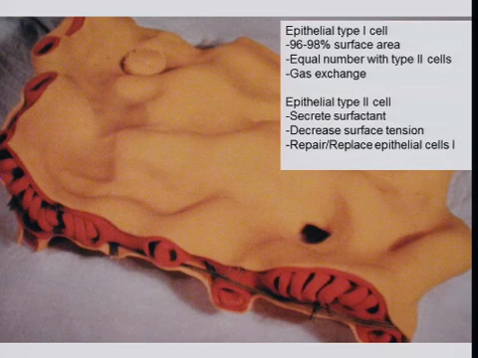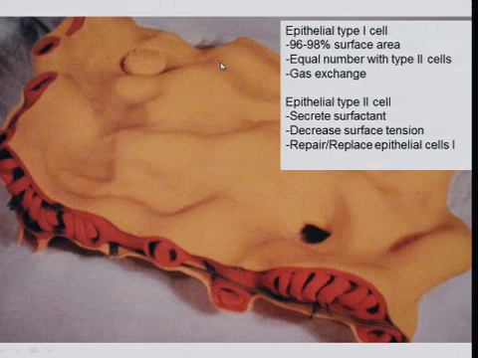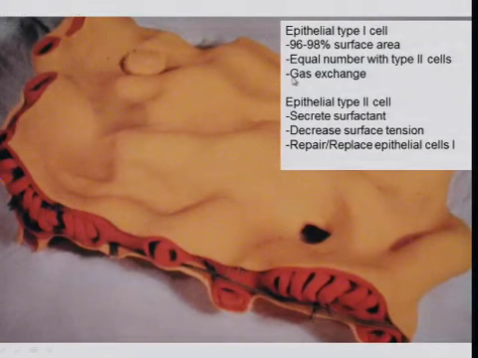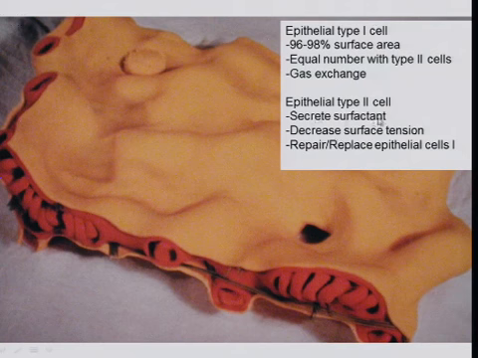So a type 1 cell is very thin, very elongated, very spread out. A type 2 cell is columnar. In other words, it's tall, it's thick, and type 2 cells are not involved in gas exchange. So type 1 cells are involved in gas exchange. The epithelial type 2 cells, their primary function is to secrete surfactant.